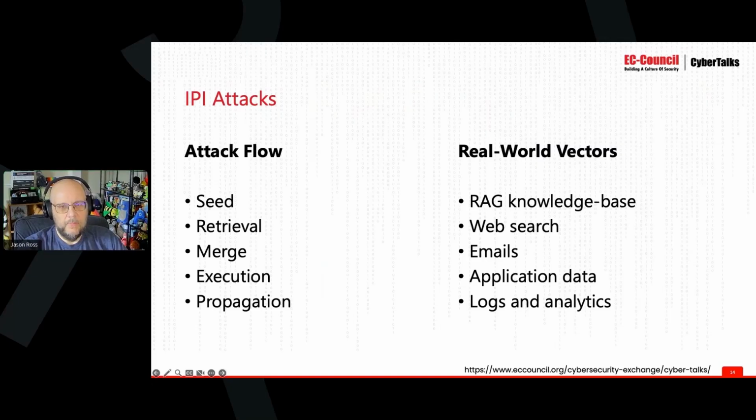That's the retrieval step, right? The AI goes out, gets this data in whatever process, and then it takes that data and merges it with the rest of its context. So it's got a system prompt, it's got whatever other data it's retrieved, and now it's got this malicious content that you've seeded. That all becomes one squishy ball to the LLM. And it goes to the LLM, and the LLM processes all of it at once.